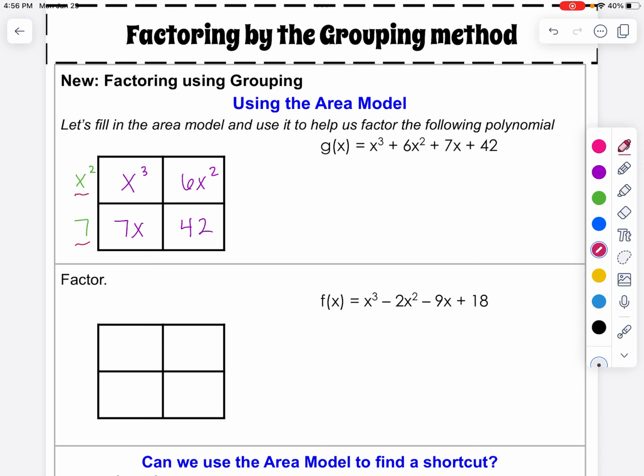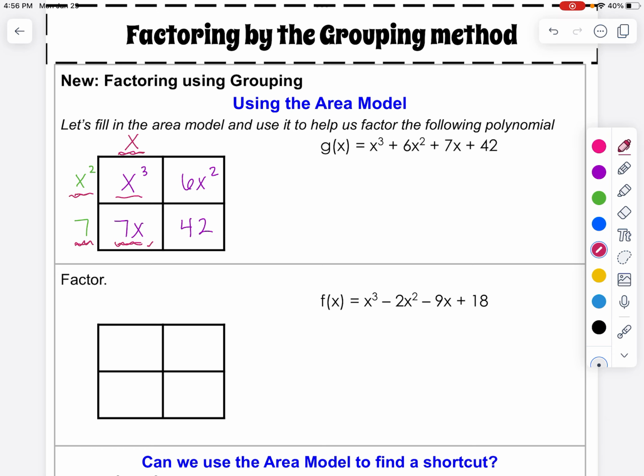So, for example, I know that x squared times the missing piece equals x cubed. Well, x squared times what equals x cubed? That would be times x. And we can check our work down in this square. Is 7 times x 7x? It is. So we can use that to check our work as well.